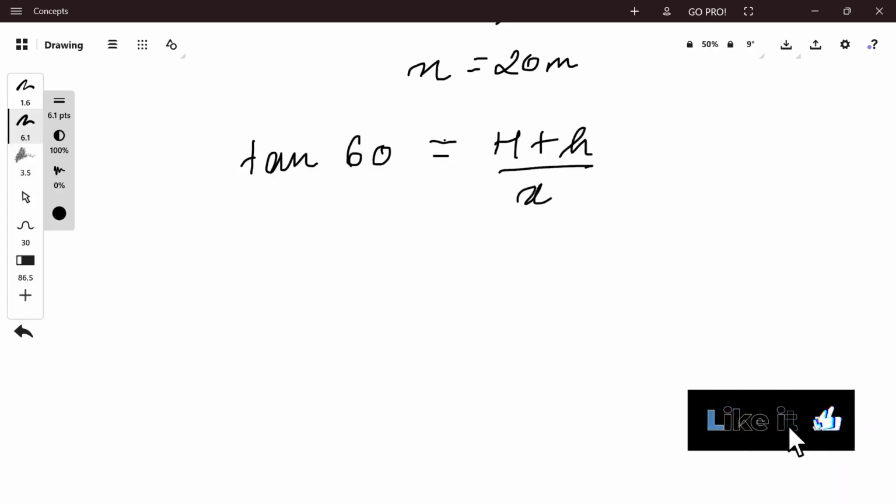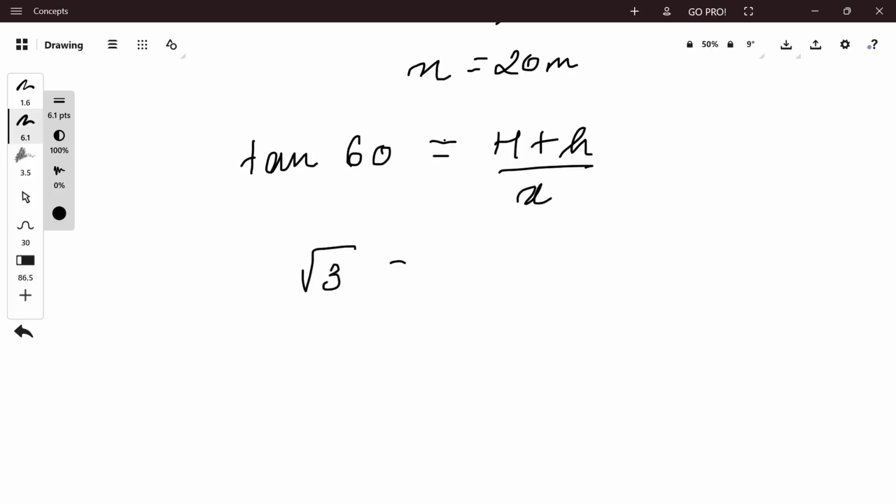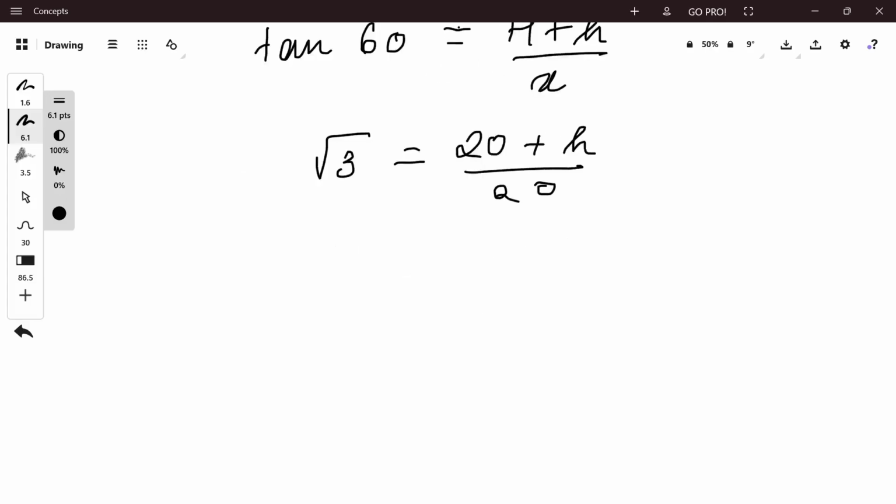Using the value of x as 20, we have root 3 is equal to 20 plus h upon 20, which is h is equal to 20 times root 3 minus 1.